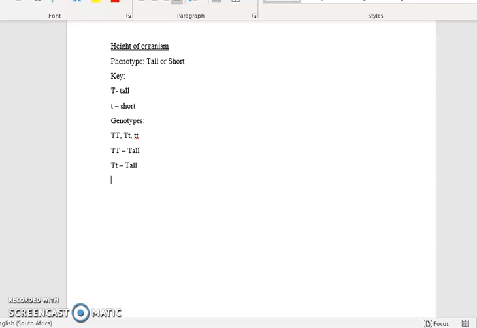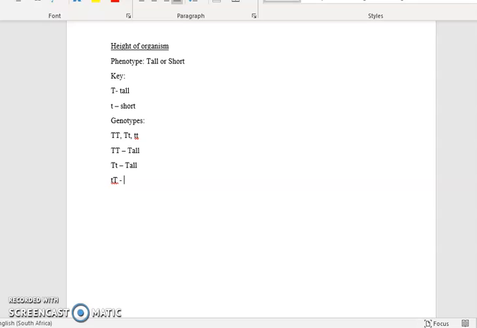Then if we look at the other type that we just discussed, little t, big T, which we will be looking at more in the future. Once again, there's an allele for shortness as well as an allele for tallness. What happens in this genotype is that the allele for tallness is dominant, so it masks the effect of the allele for shortness. Both alleles cannot show their phenotypes at the same time, because how can a person be both short and tall?